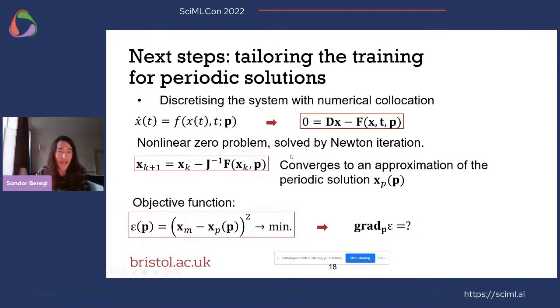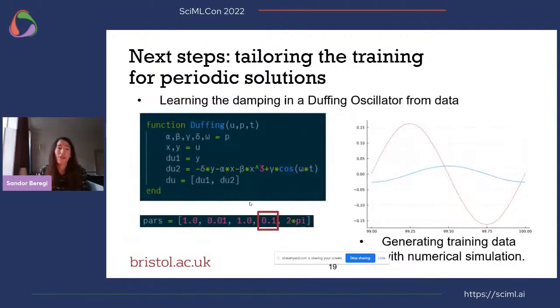Once again, I'm comparing the identified periodic solution to the measured data, or in this case, data actually generated by a numerical model. What I do here is just try to learn the damping parameter in the Duffing oscillator model, whereas the other system parameters I fixed.